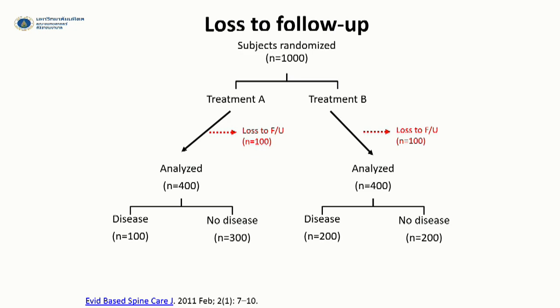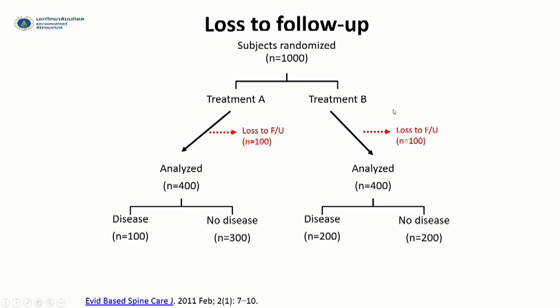They drop out from the study. So then you have 400 participants left in your analysis. And from treatment A, the results show that 100 participants still have the disease, and 300 participants recovered from the disease. They got cured.